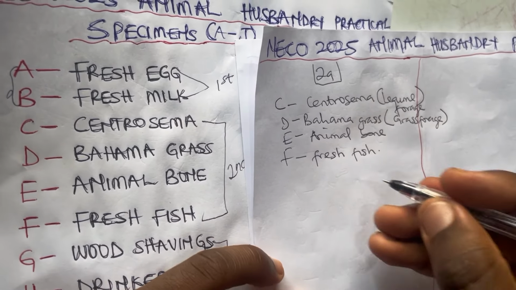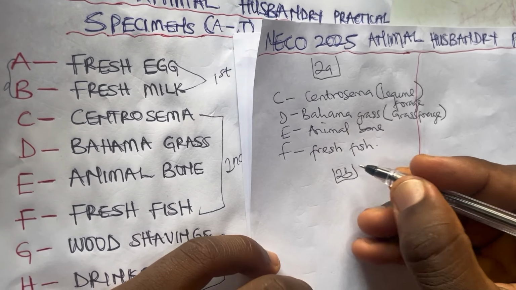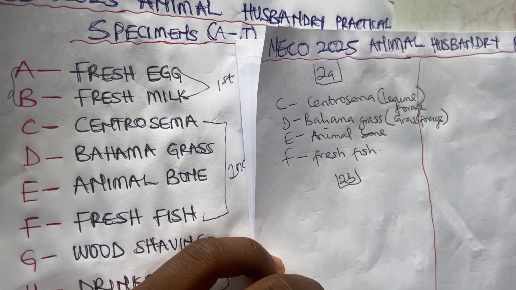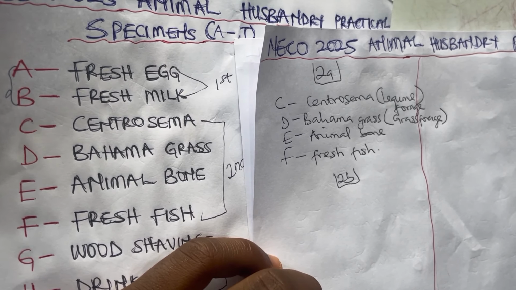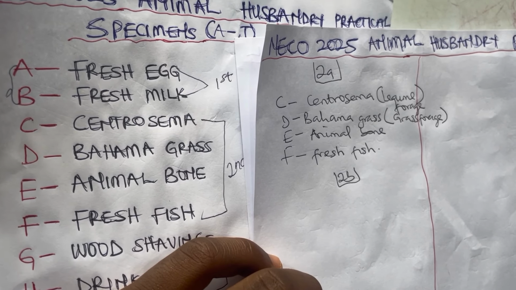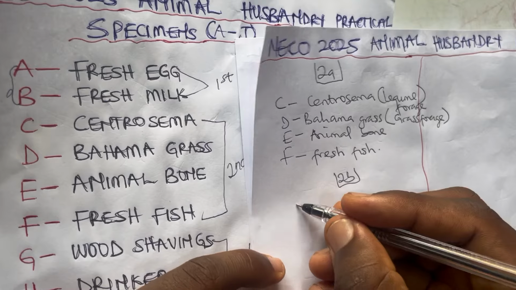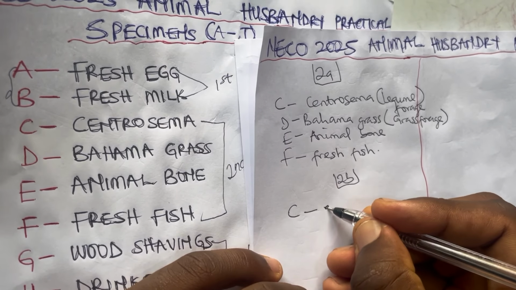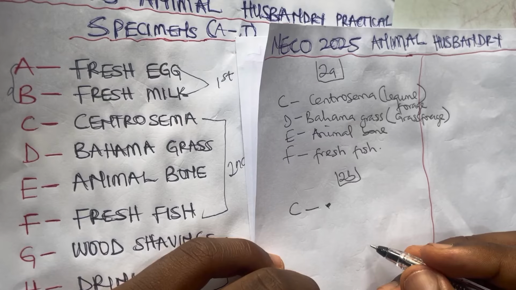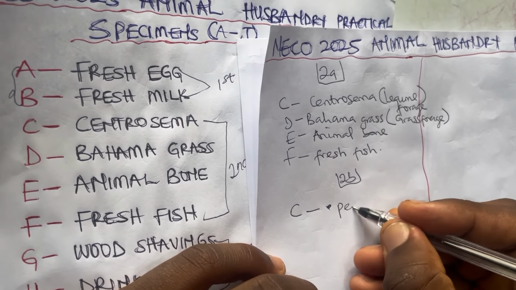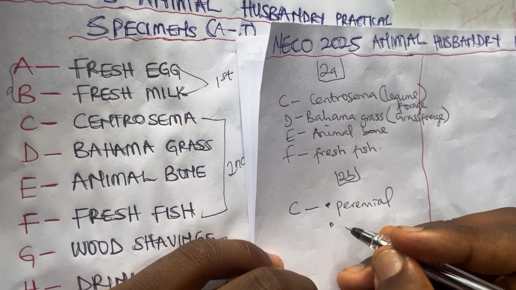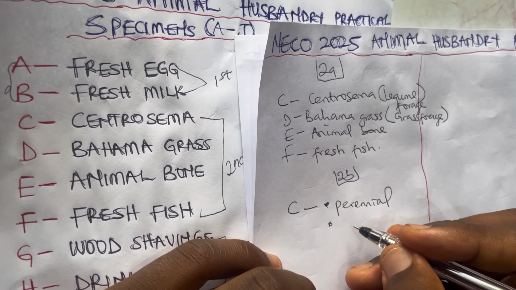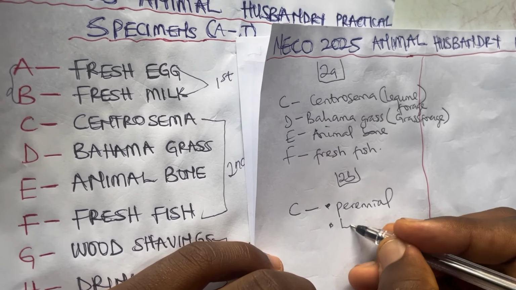Now the second question I'll be predicting for you is that they can ask you to classify specimen C and D based on their life cycle and based on the type of pasture. Talking about specimen C first, the life cycle for specimen C is perennial, while the type of pasture for specimen C is legume pasture.